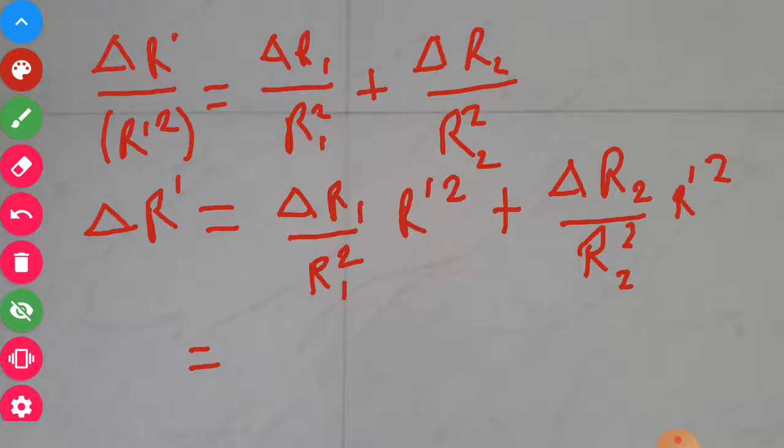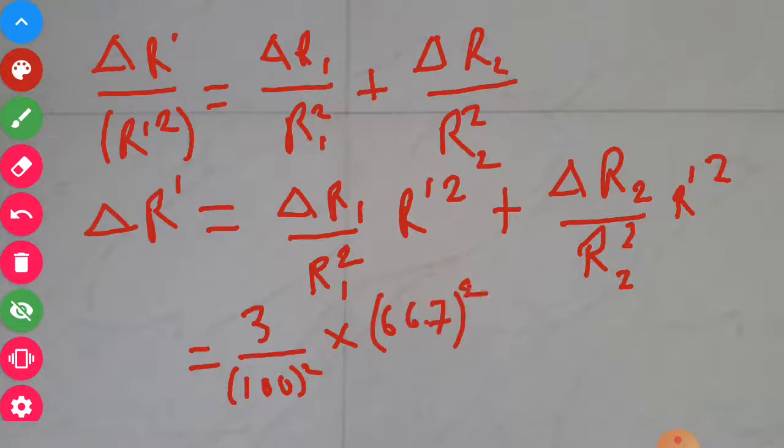Say delta R1 is given, it is 3 upon R1 square. R1 is nothing but the value which is given, 100, square of it, multiplied by 66.7 the whole square, plus delta R2. Now delta R2 is given, it is 4.